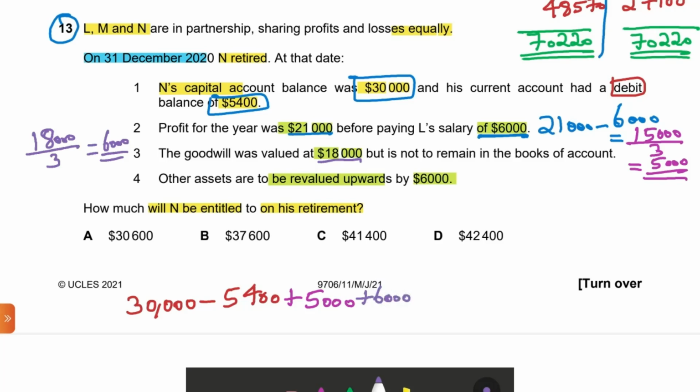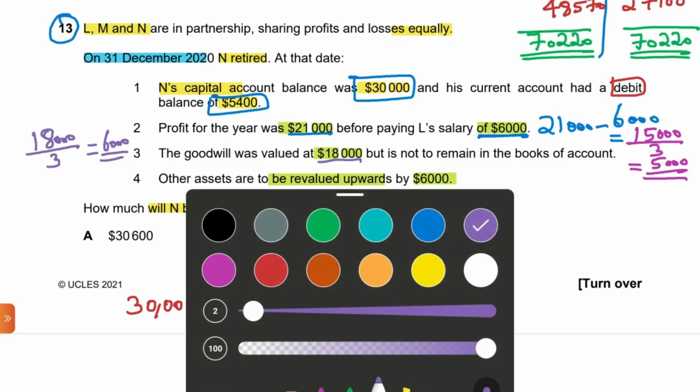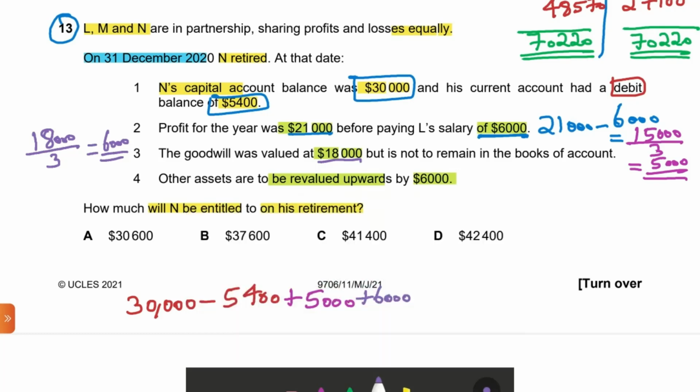Next, other assets are to be revalued upwards. Revaluation profit also we are adding to his capital account. When the assets and liabilities are revalued upward, the value is more, which will be good for him.